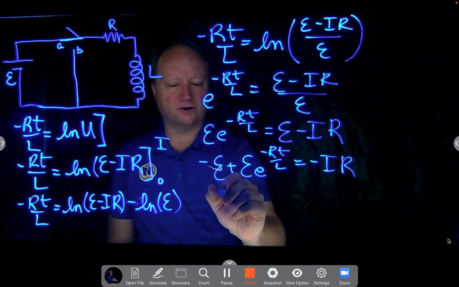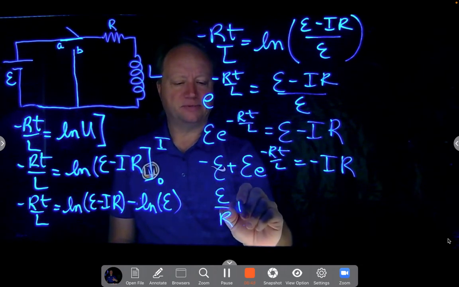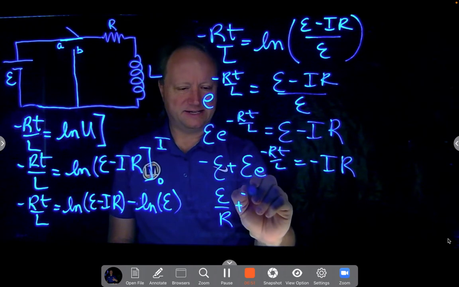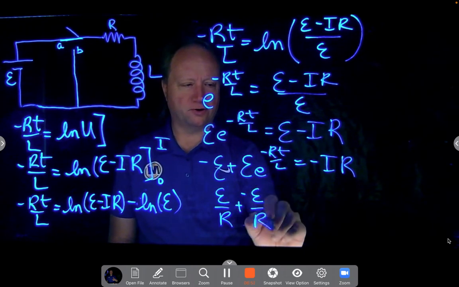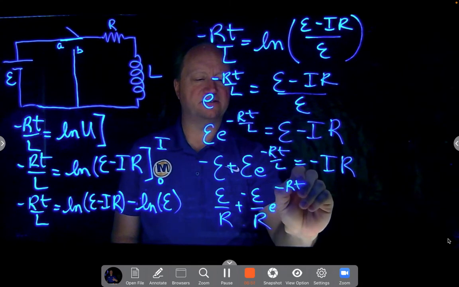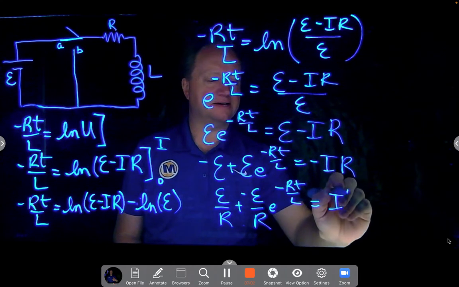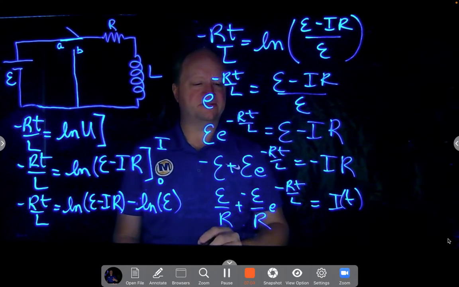Dividing the negative R over, this will give me EMF over R plus a negative EMF over R from the negative that was there, times e to the negative Rt over L is equal to I, or I of t.